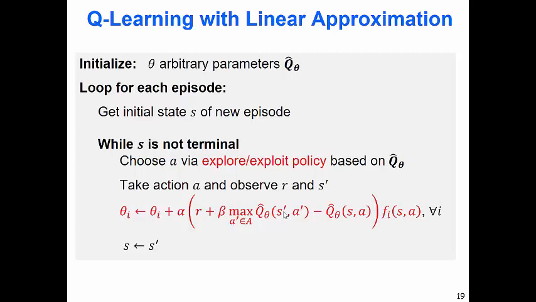So yeah, the linear function could be inadequate, and then it could be really bad, and you're not going to be able to converge to anything good. It would be nice if you could say we're going to converge to the best Q function in our space, or the Q function that is closest in mean squared error sense to the true optimal Q function.